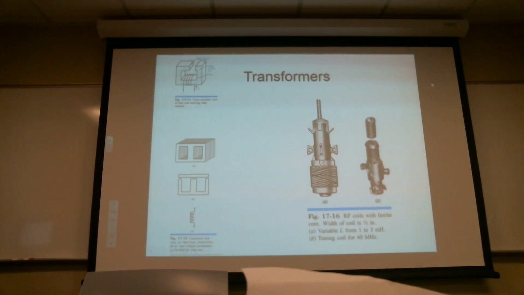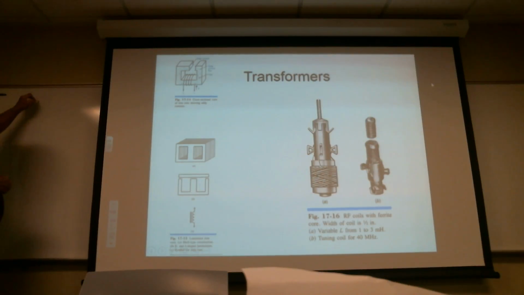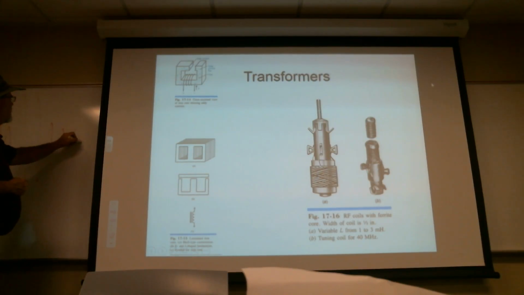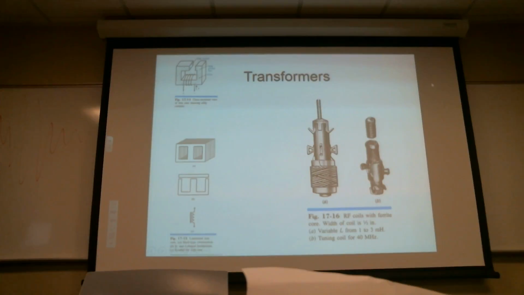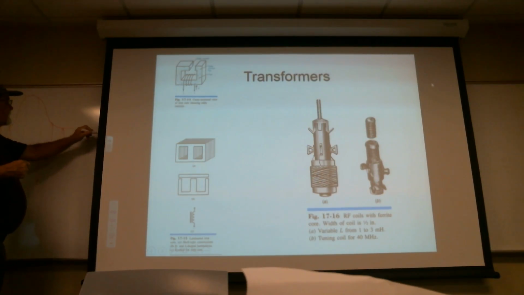So for example, let's say I had a signal that's doing this. Something like that. This is at 40 megahertz. Okay, but the signal here is the audio tone that I'm looking for.